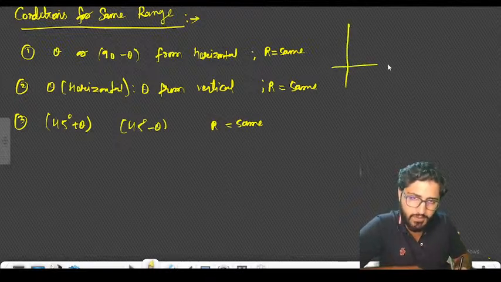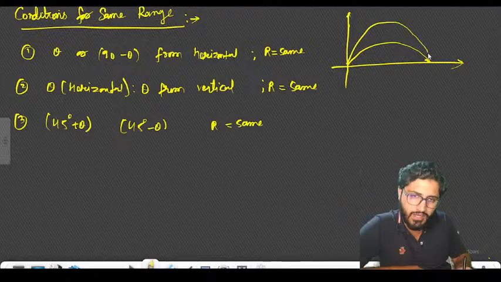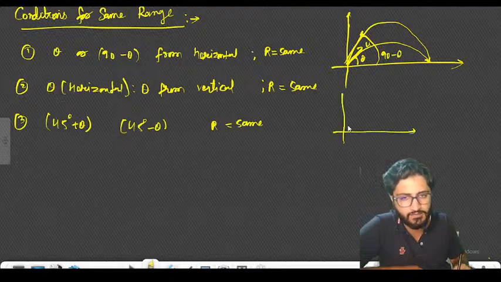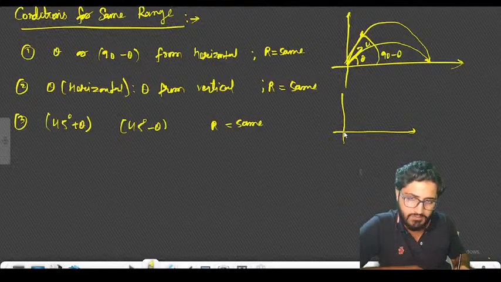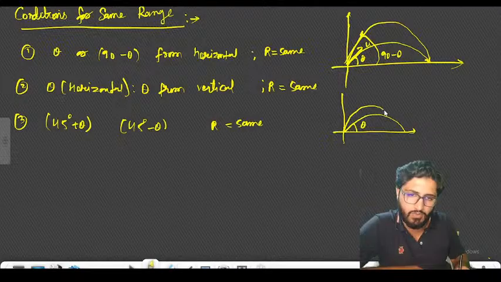That means, look now, 2 projections, right? One projection, second projection. If this angle is theta, and speed u is same, so this one would be 90 minus theta. Second condition, if this one is at theta from horizontal, then the other will be theta from vertical, range is same.